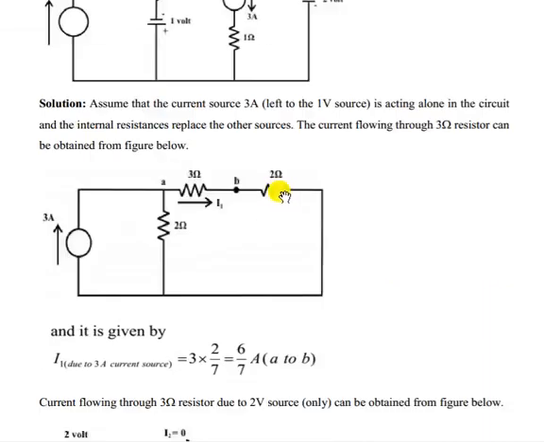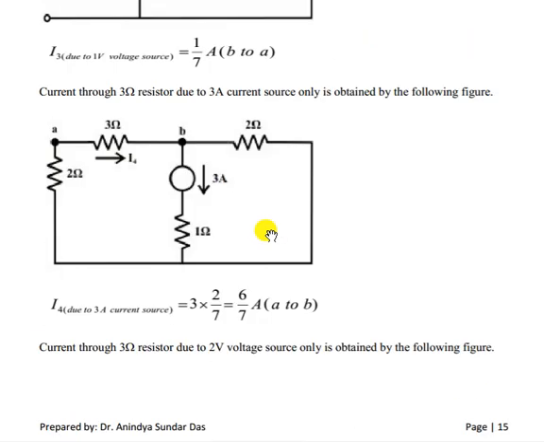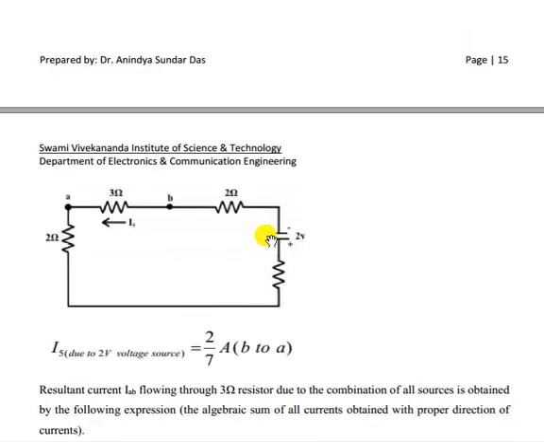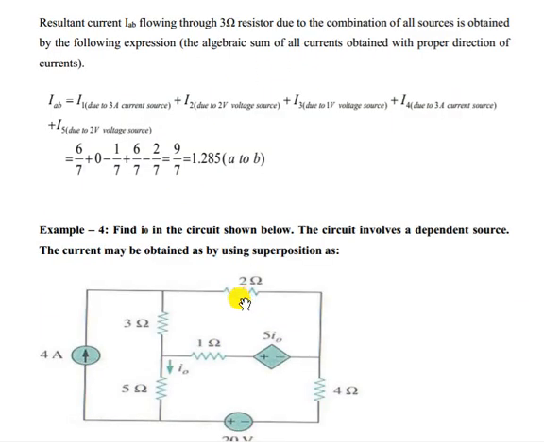That means 2 by 7 ampere, and current is flowing from B to A. So 2 by 7 B to A. Then IAB: first, for the 3 ampere current source, that was 6 by 7 positive; due to the 2 volt source, 0; then I3 is negative, then again positive current, and the fifth one is also negative because B to A. Then we can add up and we will get the result.